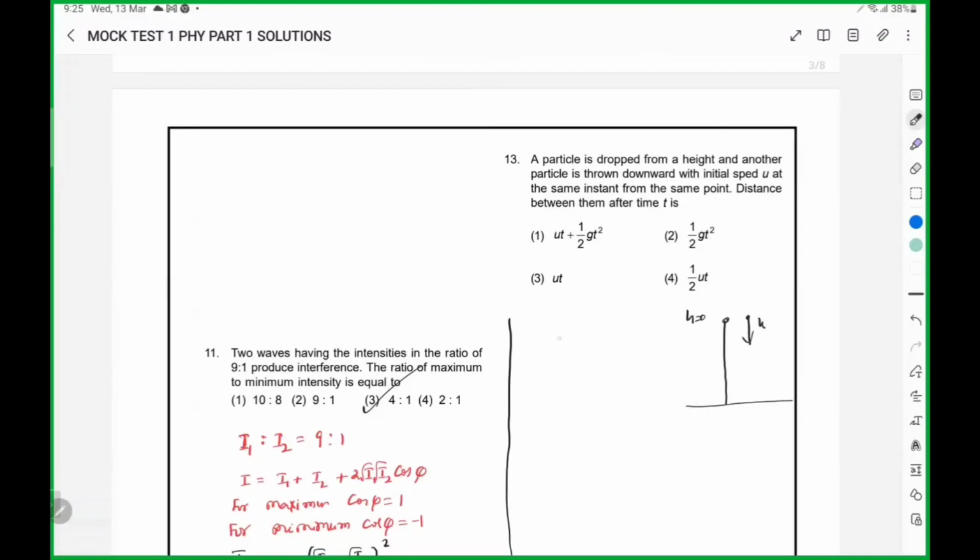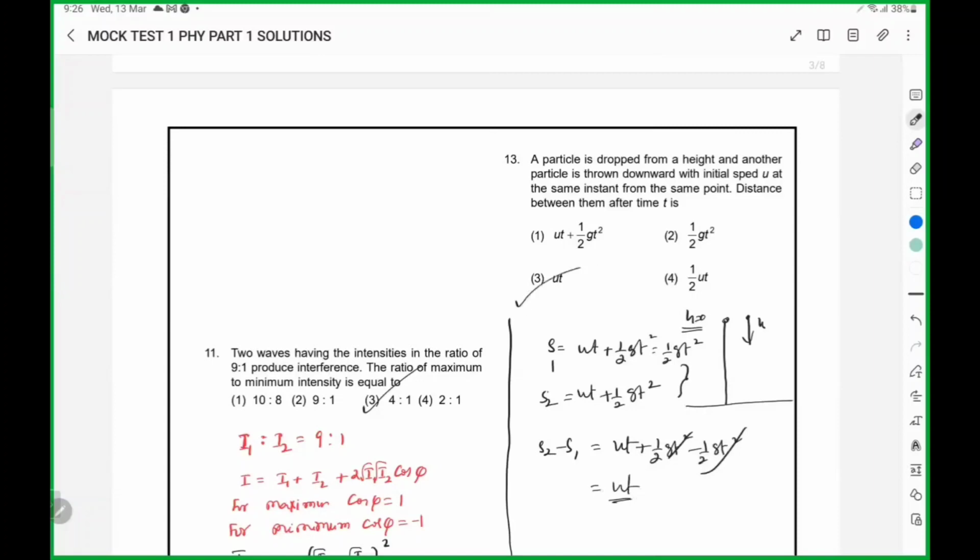For the distance between them: the freely falling body travels this much distance after t seconds. The projected body will travel ut plus half gt square. The difference will be ut plus half gt square minus half gt square, and this is the difference.